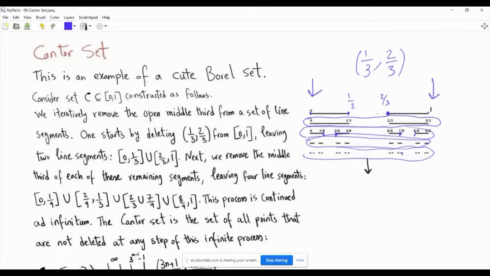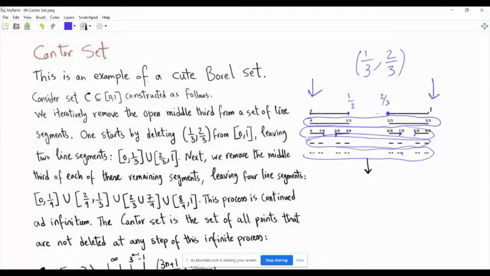It's one of those not so intuitive things. You keep eliminating parts of this interval, and you end up with a set that can be put into a 1-to-1 correspondence with 0, 1. So again, the cardinality of the Cantor set is equal to C.